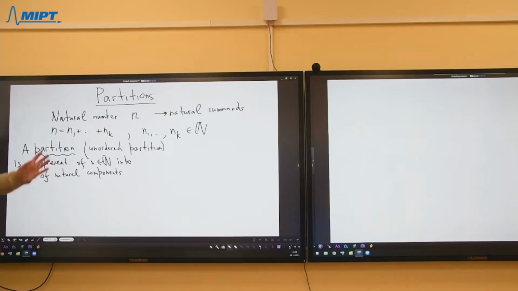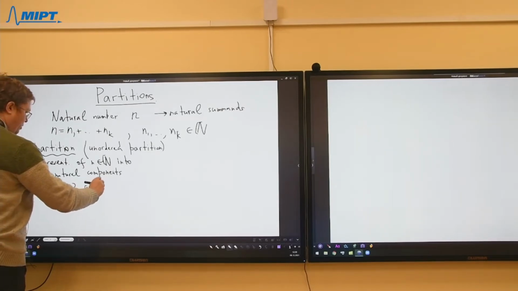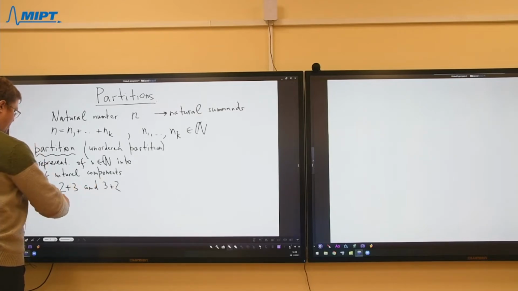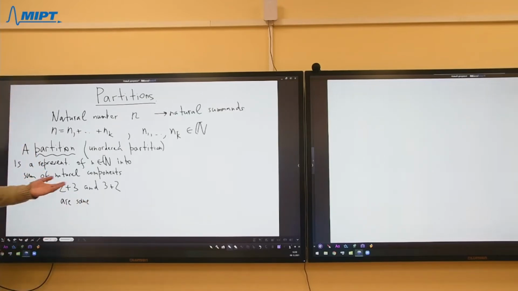We do not think about the order because, for example, if you take 5, then 2 plus 3 and 3 plus 2 are the same partition. So we want to care only about the summands and the symbol of sum.